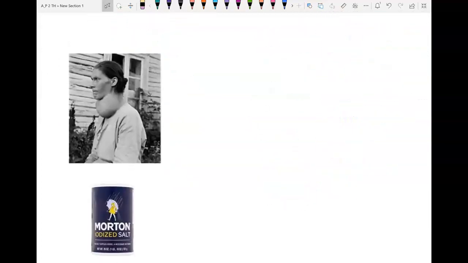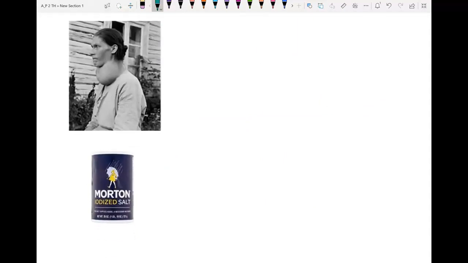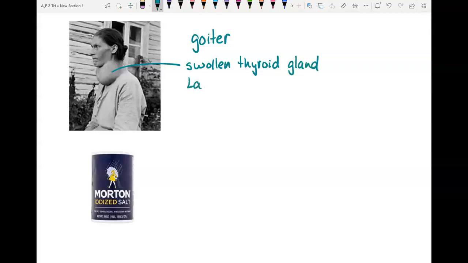Some extremes of this. This is a goiter. The thyroid gland is in the neck. So this big lump in her neck is a swollen thyroid. This is due to a lack of iodine in the diet.